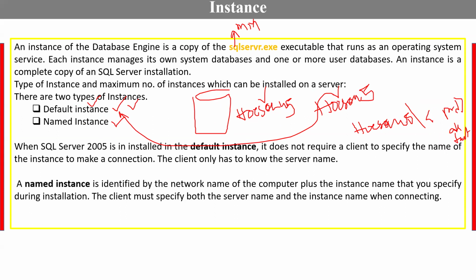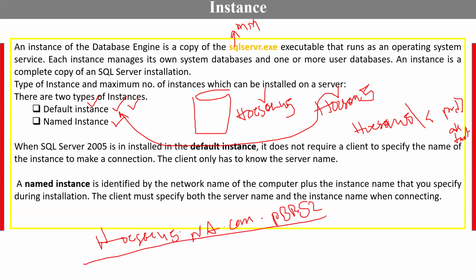For example, whenever you get a ticket with a server name like HOE SQL 45 dot NA dot COM slash PBRS2, you should understand this is a named instance, because this is a fully qualified domain name and this is your instance name.